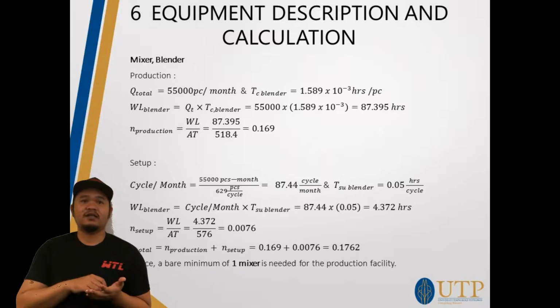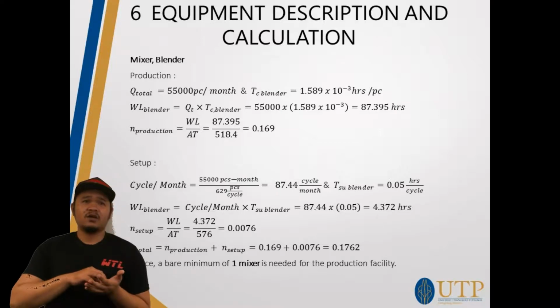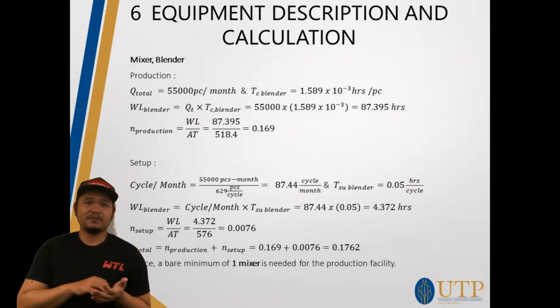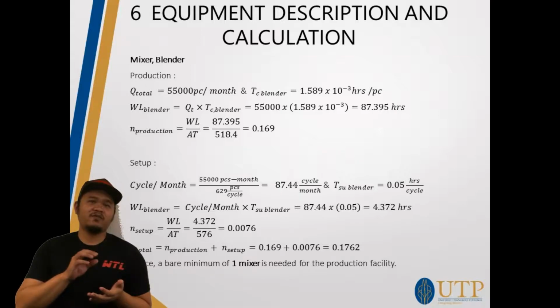So 87.8395 divided by 518.4, and we get 0.169. Then we calculate the setup. Then we get the N setup as 0.076. So we total the N production and N setup, and we can get 0.1762. Hence, it's the bare minimum. We need one mixer only for the production of the flange.